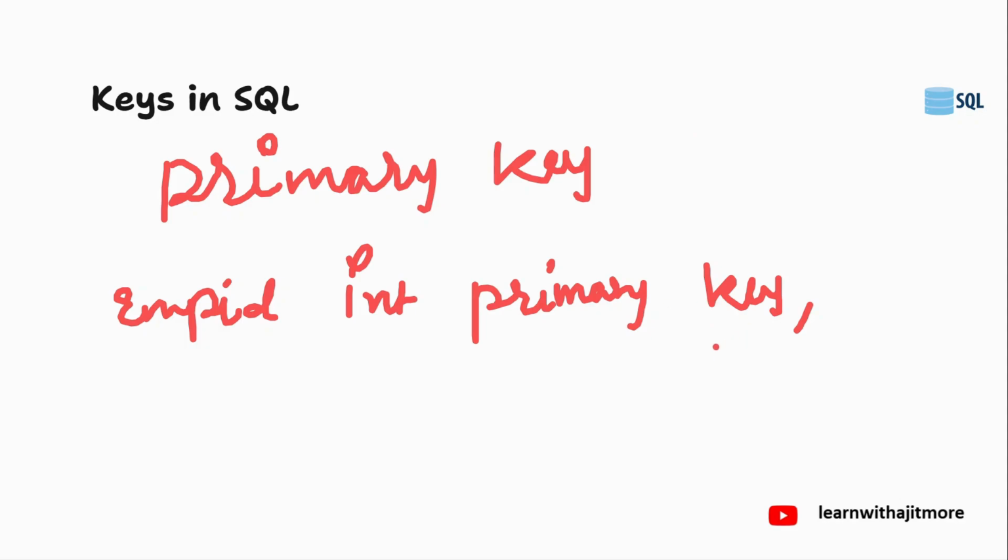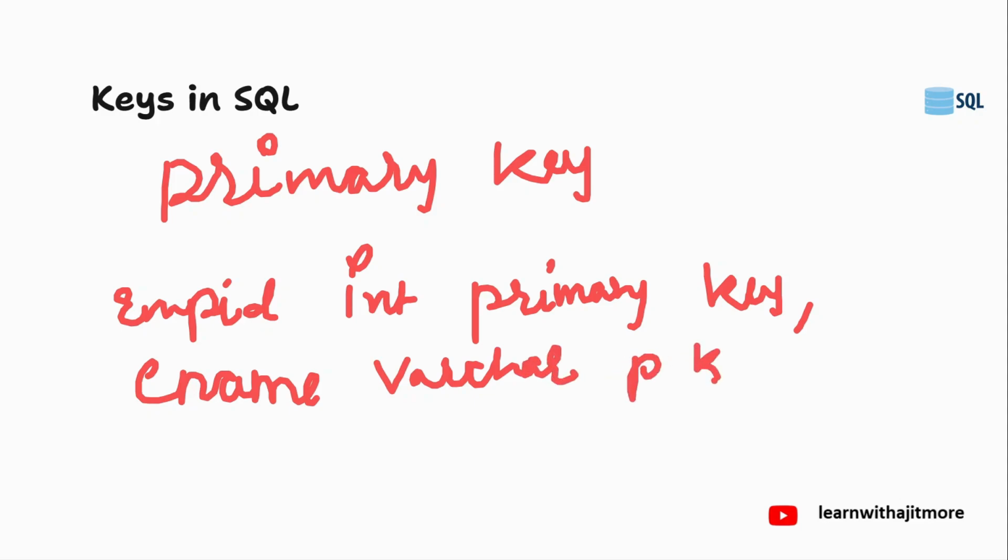Can we create more than one column as primary key? Or in short, can we have more than one primary key in the same table? No. So all these rules you have to remember. Like if I'm creating employee name, and to that also, if I give primary key, will it work?